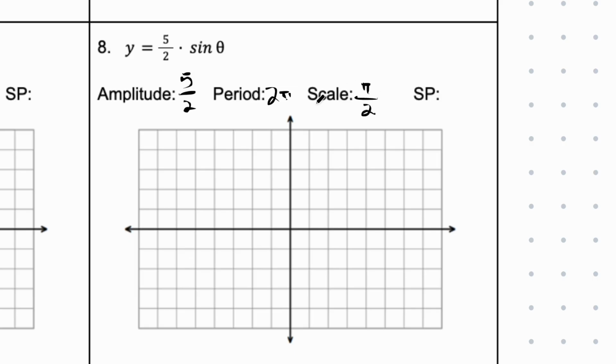And here, one thing we can also do, we can start plugging this in, plug in 0 for theta and get sine at 0, and we're going to get 0, and then multiply by 5/2 and get 0. But with sine values, trigonometric functions, unless you have some other transformations like vertical translations, our starting point is going to be 0.